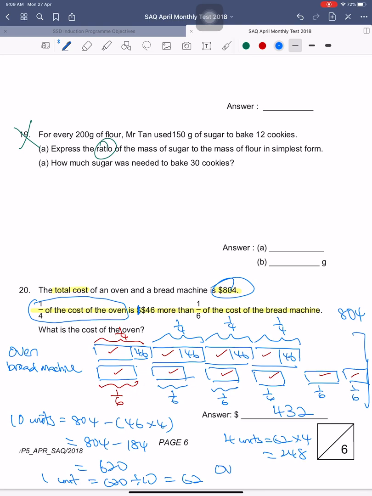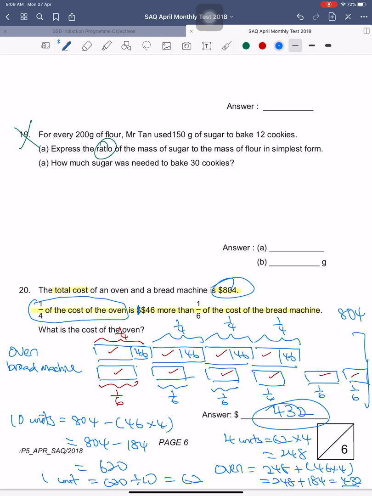So the cost of the oven will be 248 plus the 46 times 4. So that will be 184, and the answer will be 432.